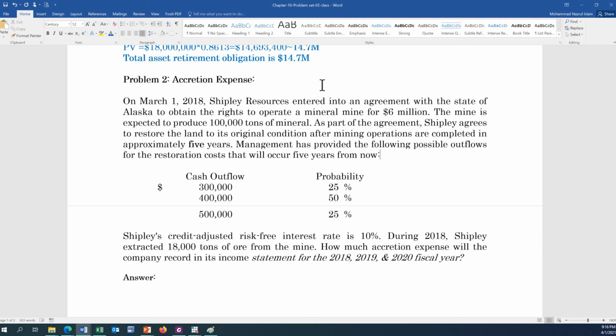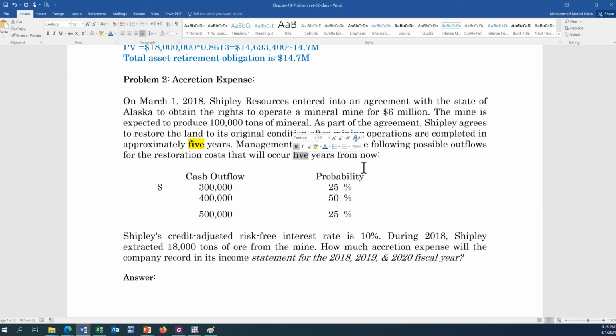As part of the agreement, Shipley agrees to restore the land to its original condition after mining operations are completed in approximately 5 years. So we need this one. Management has provided the following possible outflows for the restoration costs that will occur 5 years from now.